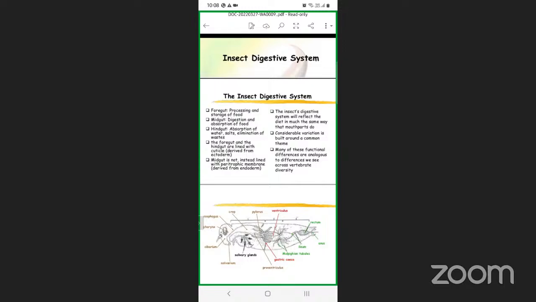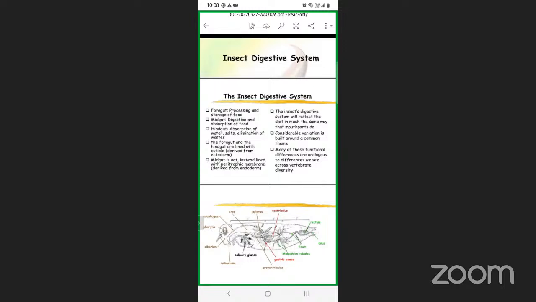The honeybee has the lapping type, where they lap the honey from the flowers, so they have lapping and chewing mouth parts. Like this, we see different types of mouth parts in insects.